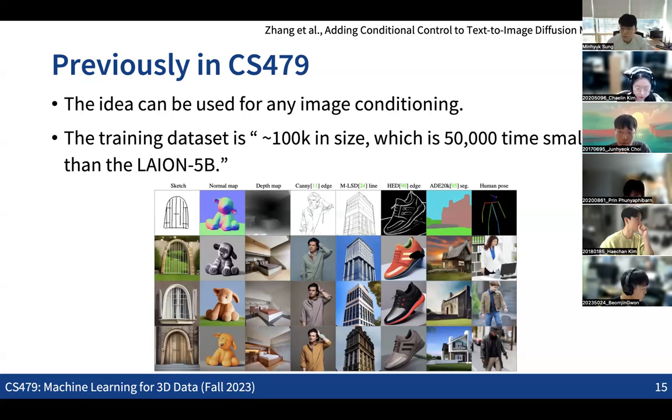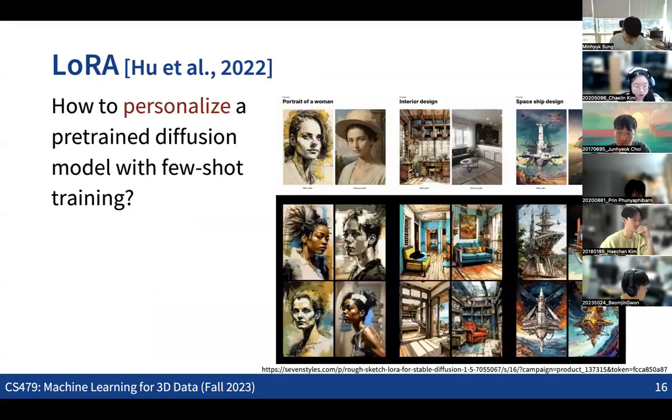Also, something we didn't discuss last time was the idea of LoRA. This is a very famous technique, and I guess some of you might have heard about it before. The basic idea of LoRA is how we can personalize pre-trained diffusion models with few-shot training.